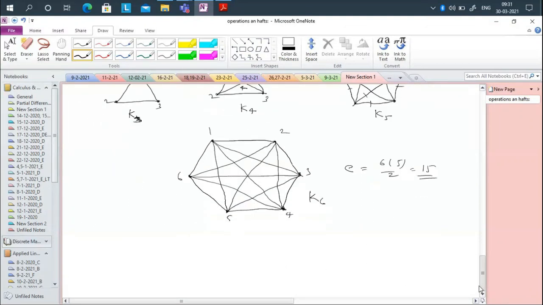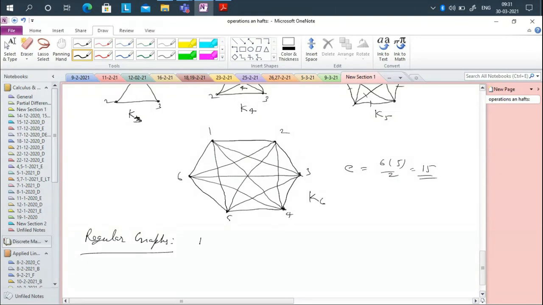Now we have another type of special graph, that is called regular graph. Regular graphs.